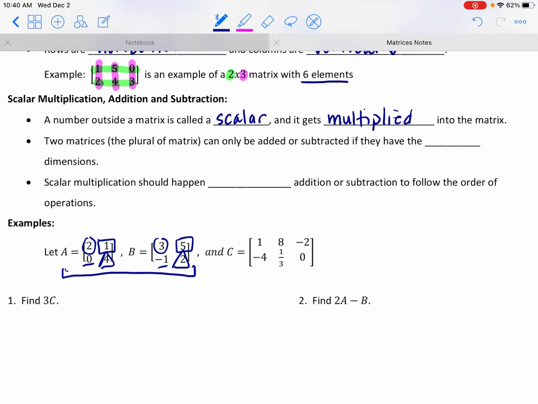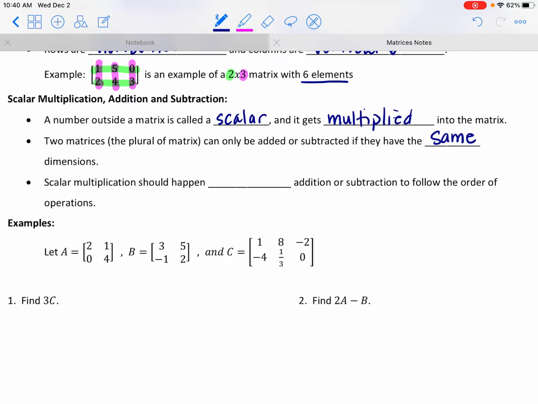So you would be adding or subtracting the elements that are in corresponding locations. Now, if you don't have the same size matrix, then some of your elements won't correspond, and that's why we cannot add or subtract. Okay? So they have to have the same dimensions, corresponding elements, in order to add or subtract.